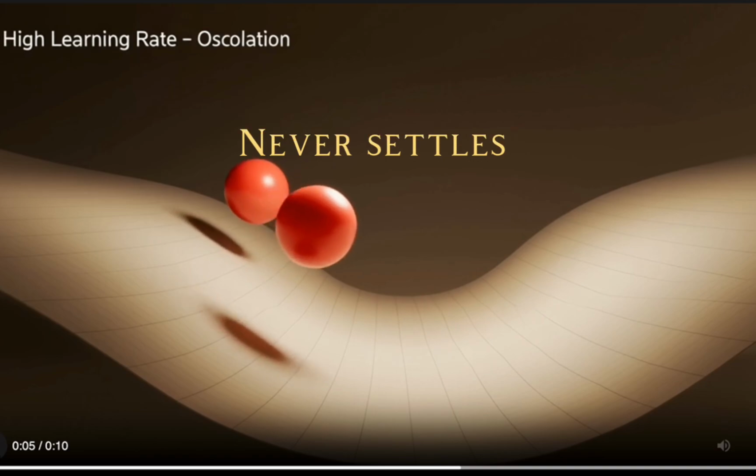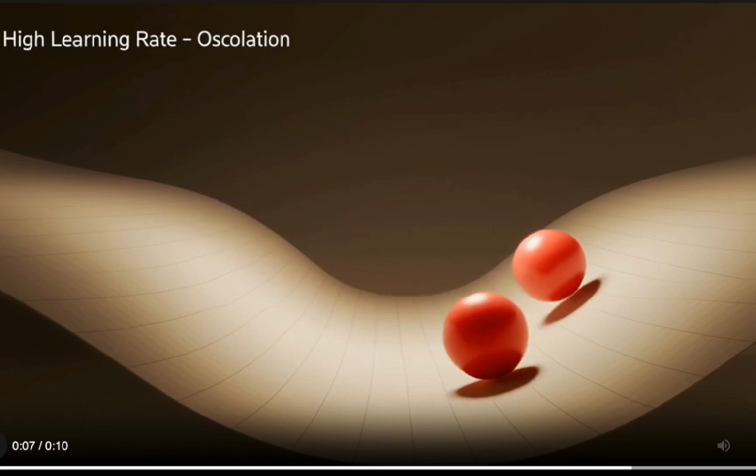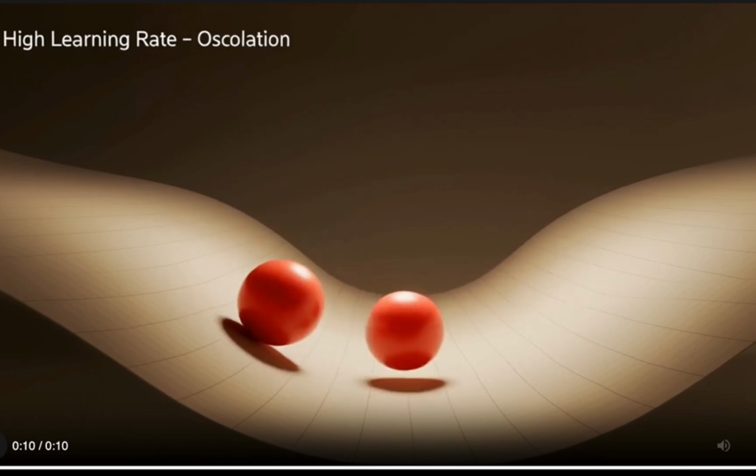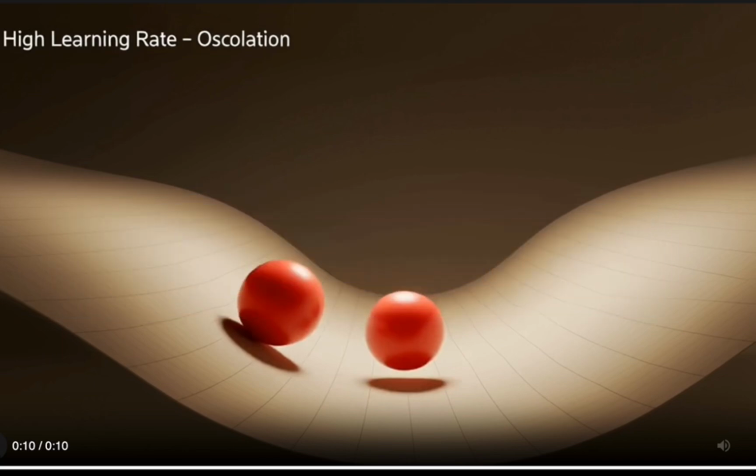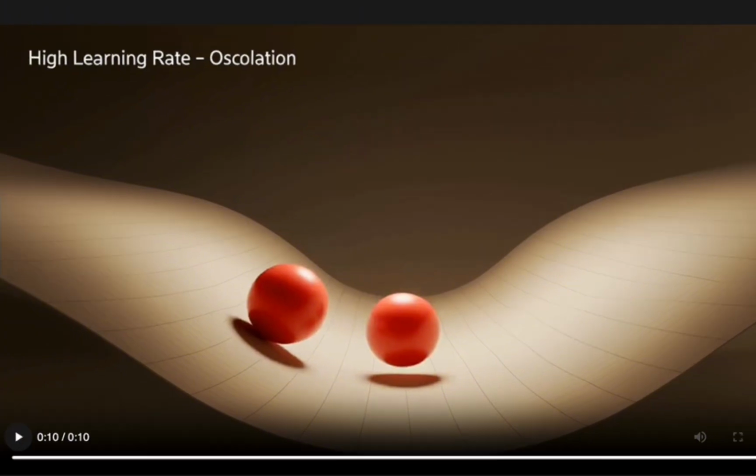It's just back, forth, up, down, left, right, just like this. It never reaches the best model. This is what we call not converging, in simple words, in machine learning. This means the model cannot calm down and learn properly. It's just all over the place.